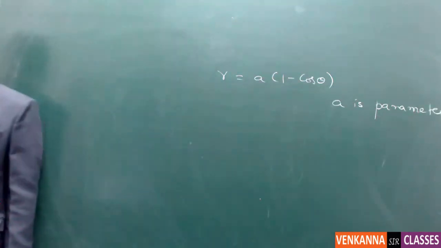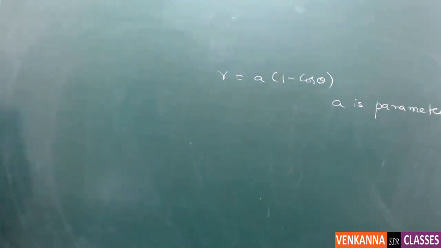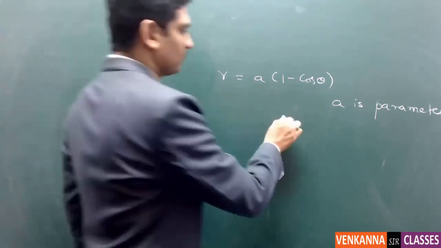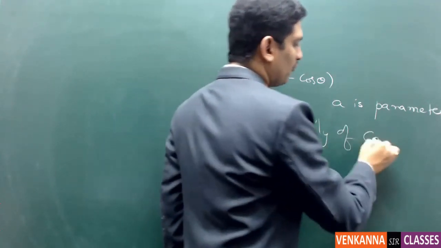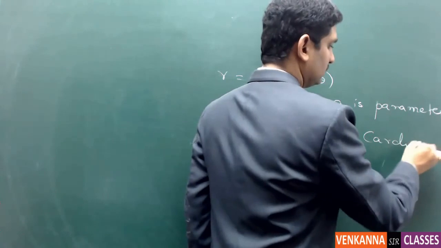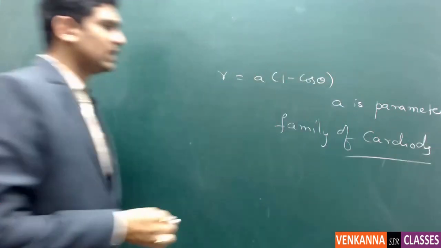Find the orthogonal trajectories for the family of curves r equals a into 1 minus cos theta, where a is the parameter. Also, apart from straight away giving the equation, he can mention the family of cardioids. I think this word is familiar to you.